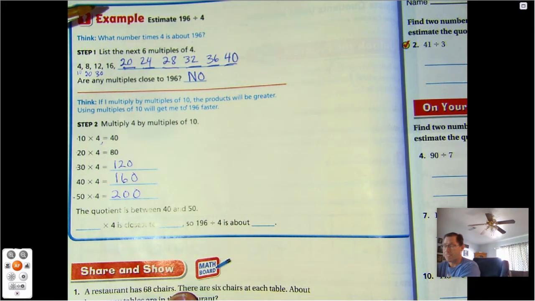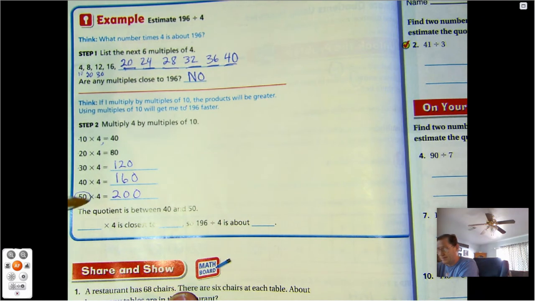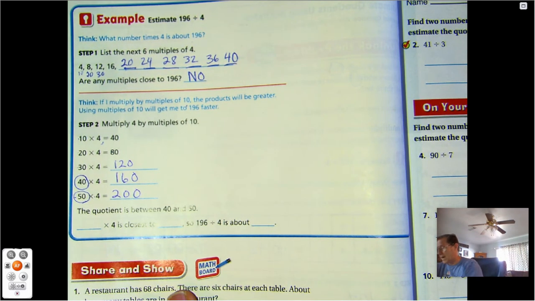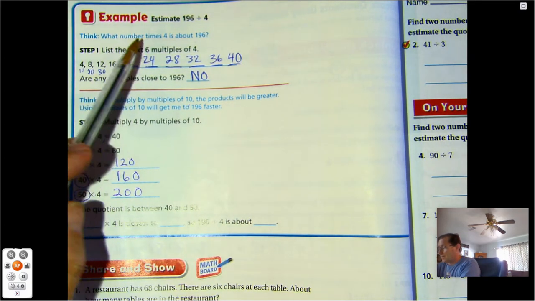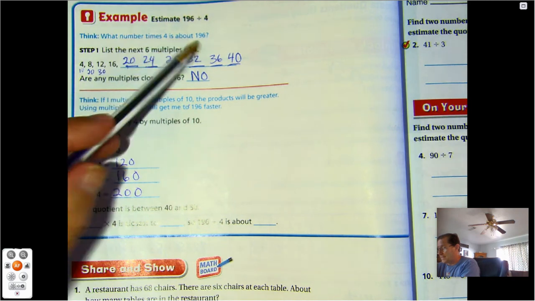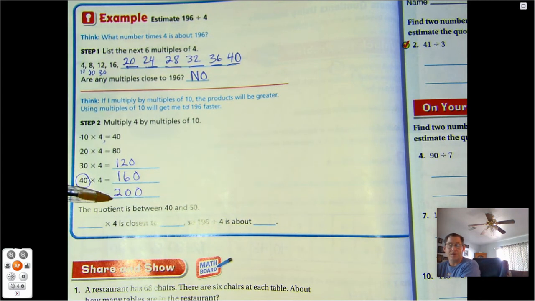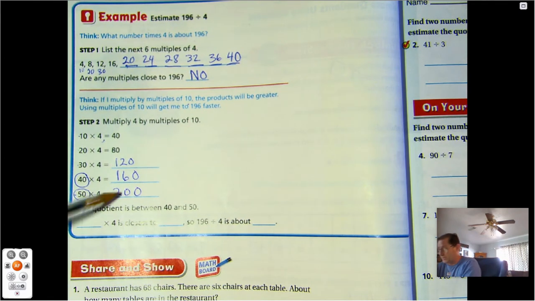This number here is the number of multiples. So I know that 196 is in between 160 and 200. So the number of 4s is somewhere between 40 and 50. So the quotient is between 40 and 50.